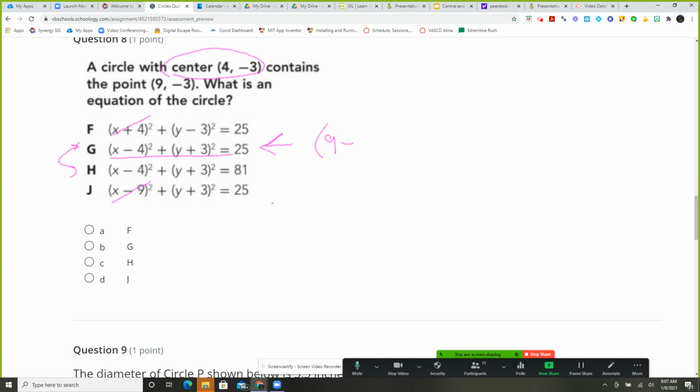So 9 minus 3 squared plus that y is -3, -3 plus 3 squared equals 25, right? The circle contains the point (9, -3). Okay, so 9 minus 3 is... Why does this seem like it's not going to work? 9 minus 3 is 6.